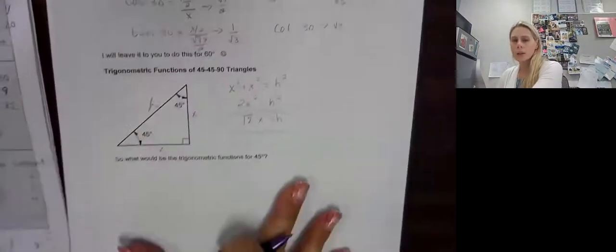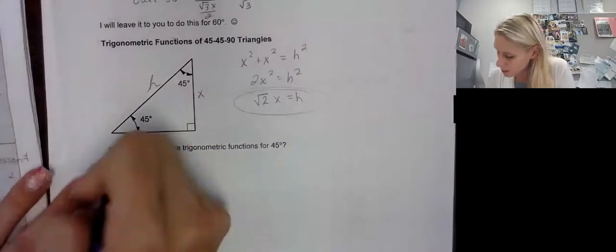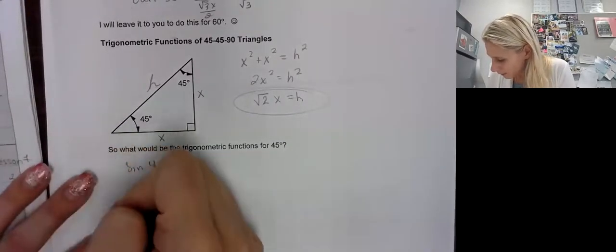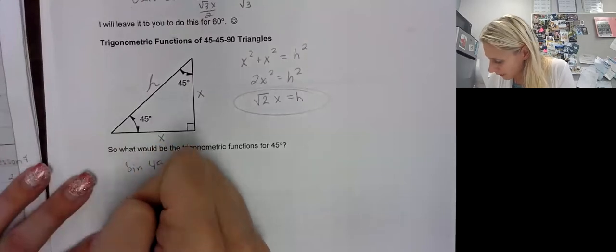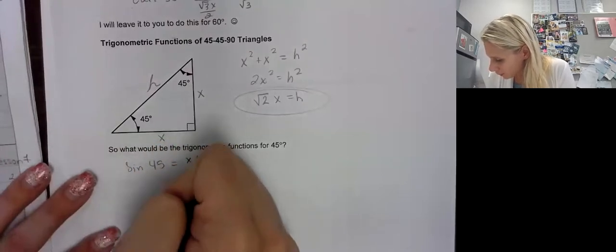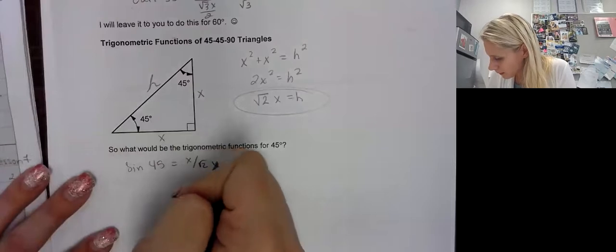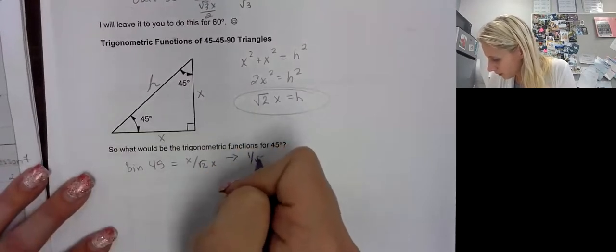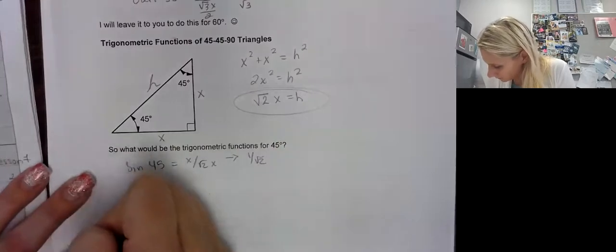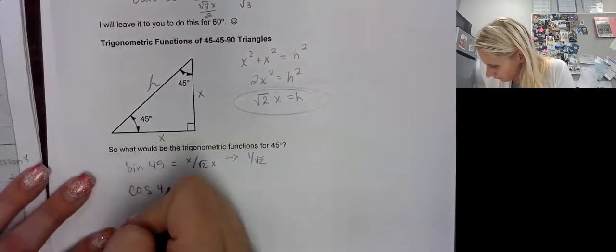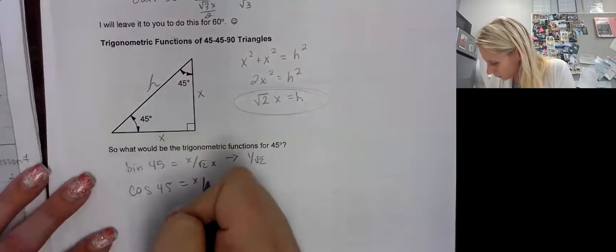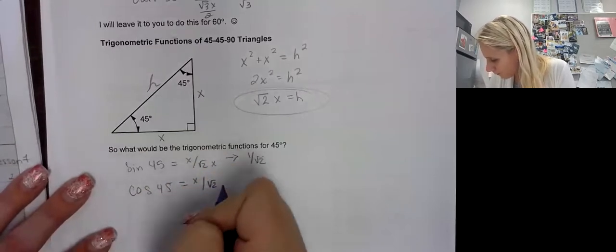Now let's do our trig functions again. So I get sine 45, which would give me x over the square root of 2x. The x's cancel, so 1 over the square root of 2. Cosine 45, adjacent is x over the hypotenuse.